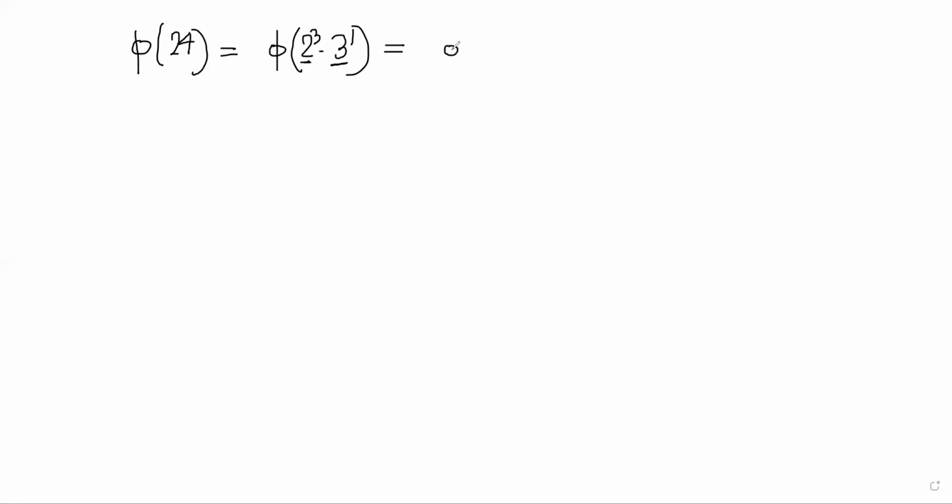So it will be phi of 2 cube into phi of 3 power 1. And what is phi of 2 cube? I forgot the formula. There was a formula, p power k minus p power k minus 1. So 2 power 3 minus 2 power 2.